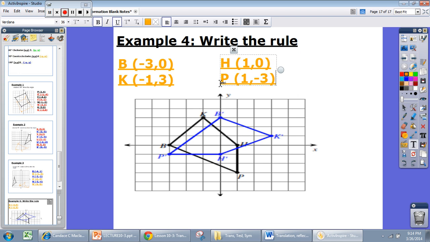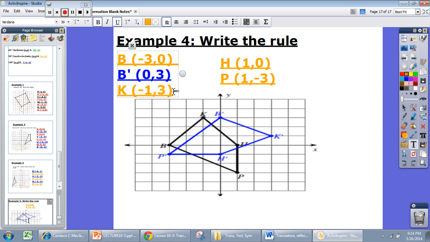Okay, so let's see what they switch to. I'm going to write my prime in blue, because it's in blue on the other thing. B prime is 0, 3. K prime is 3, 1.